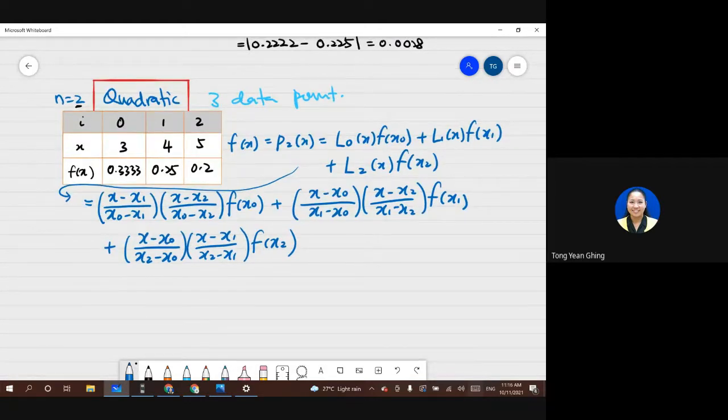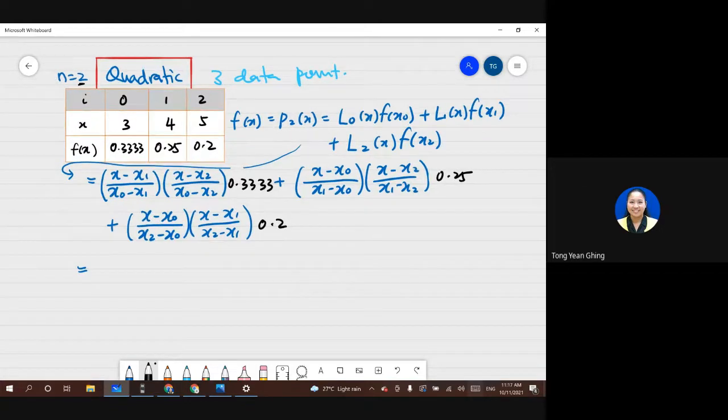So substitute in the values of this one. You just change that. So x0 is 0.3333, and then the value of x1 is 0.25, and this one is 0.2. Okay, so this one P2 at 4.5.